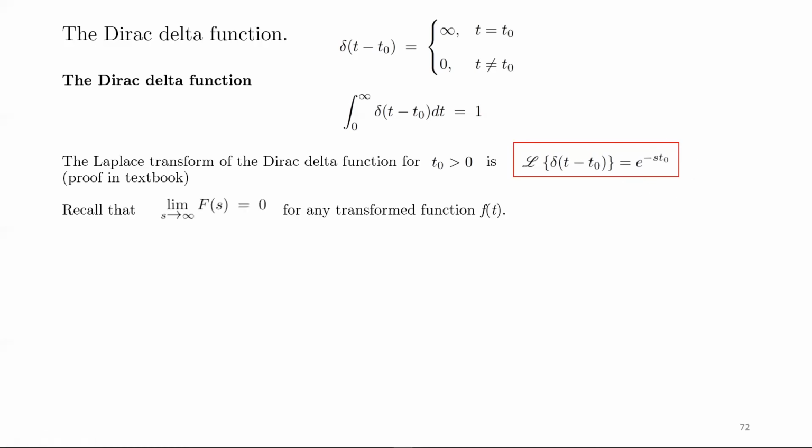Recall that the limit as s goes to infinity of the Laplace transform of any usual function f of t must be equal to 0. But for the Laplace transform of delta t, that limit is equal to 1 as s goes to infinity. So this is not a usual type of function.